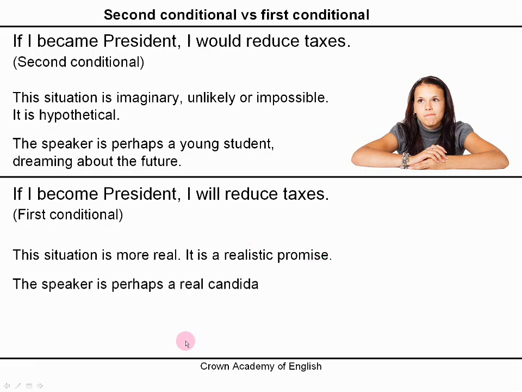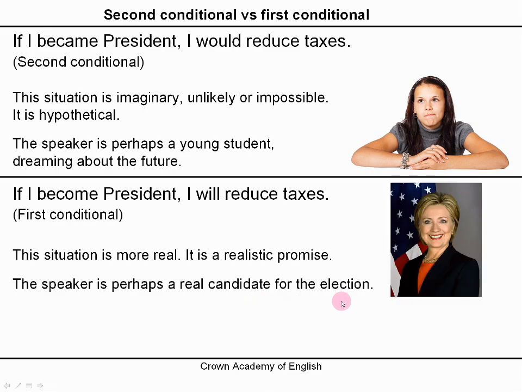The speaker is perhaps a real candidate for the election. So here is Hillary Clinton, who is a candidate for the elections in America. So if she was speaking, she would use the first conditional because the situation for her is more real. She really is a candidate for the election.